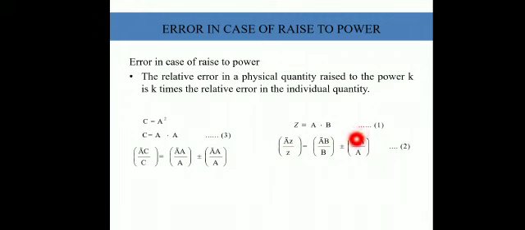Delta always represents a small change. So this becomes delta A by A plus delta A by A, which is equal to 2 times delta A by A, because it has to be multiplied with k. Like we mentioned, C is A square, so here the error will become 2 times the error in A.